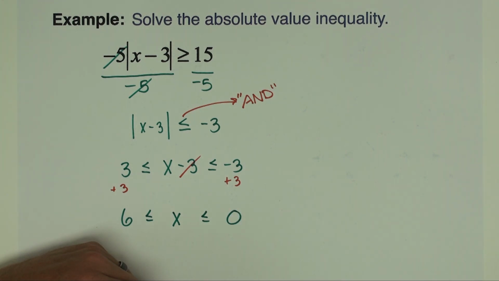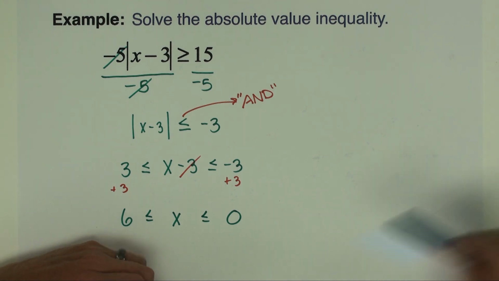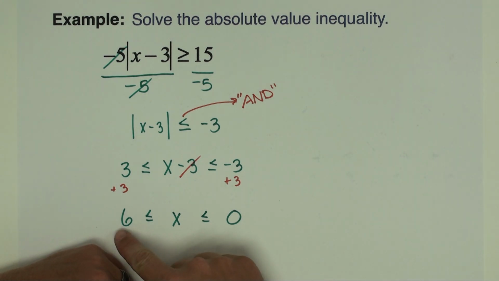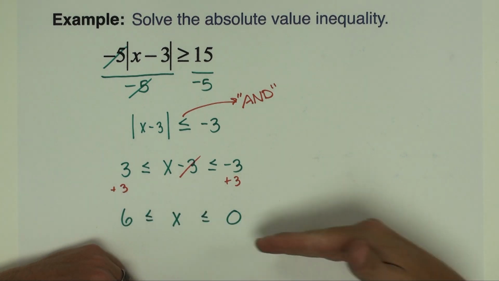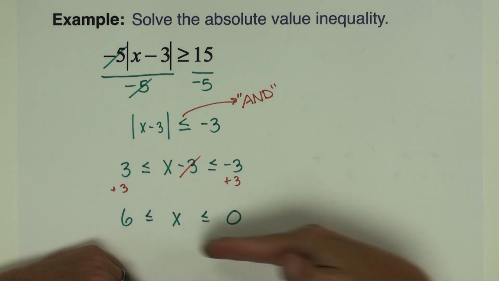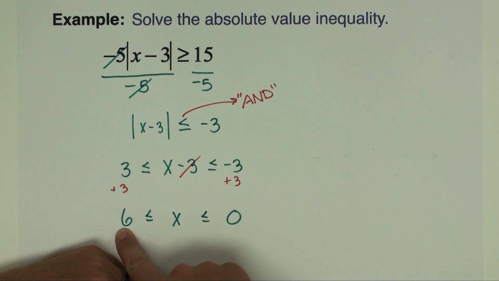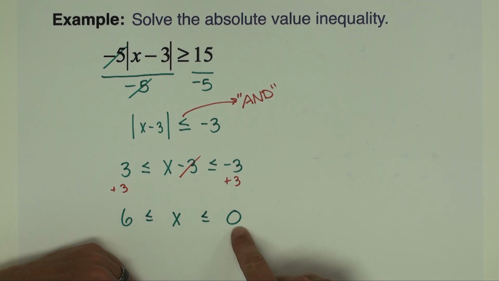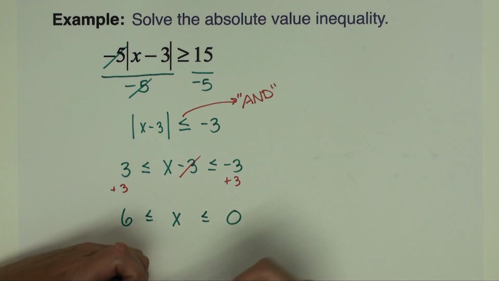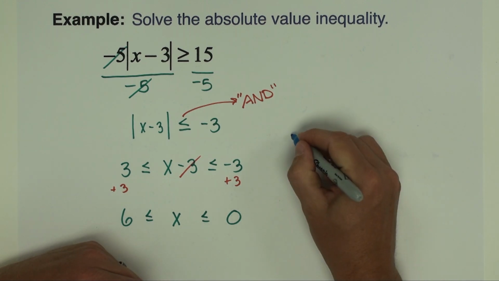Now, this is kind of interesting and definitely worth your consideration to look at a number line. This is interesting because reading these compound inequalities like this, the numbers should go least to greatest, and this definitely is greatest to smallest. So it's a little unusual right now. So let's go ahead and take a look at this number line.